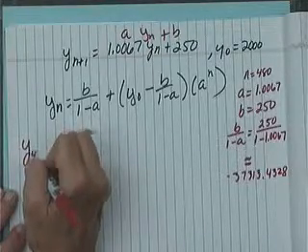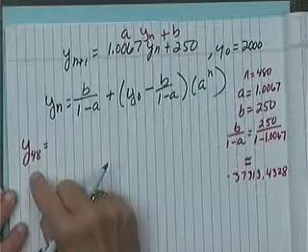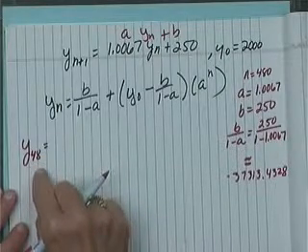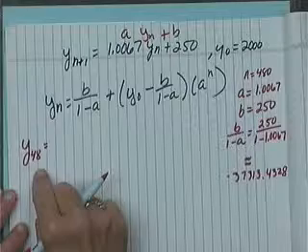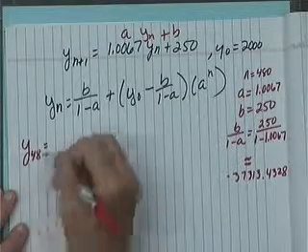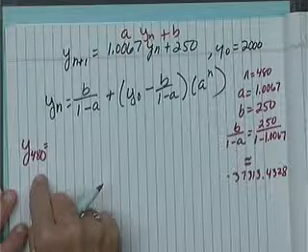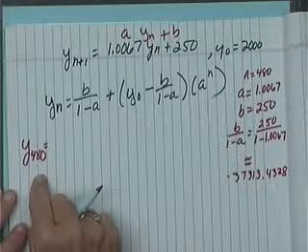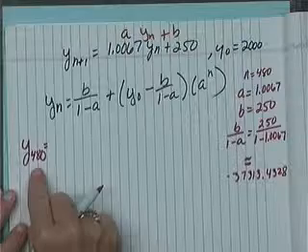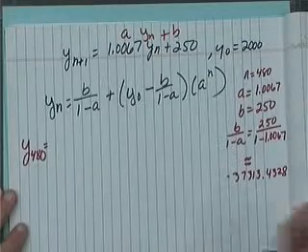All right, so when I say y sub 480, what am I looking for? What is that going to be? The balance at the end of 480 periods. Okay, that is the amount.